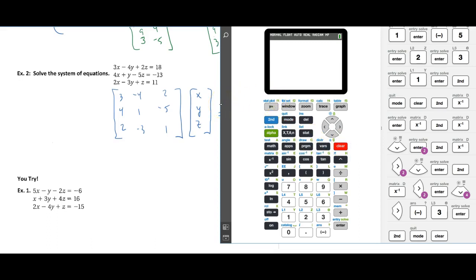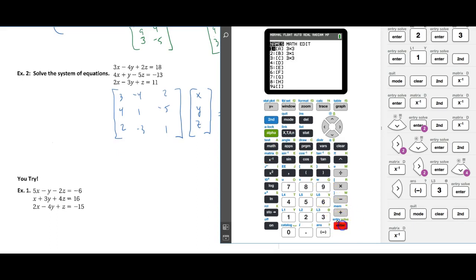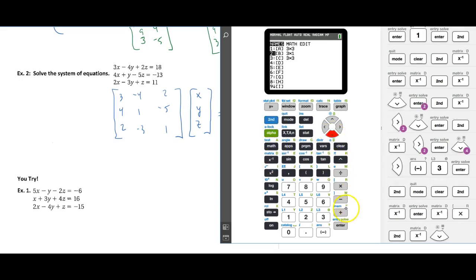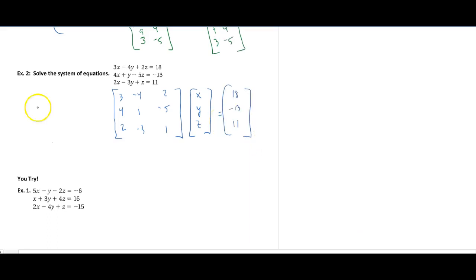I have the coefficient matrix and I have the constant matrix. Now all I do is take the inverse of the coefficient matrix, matrix A, and then hit inverse times matrix B, the constant matrix, hit enter, and you get 2, -1, and 4.